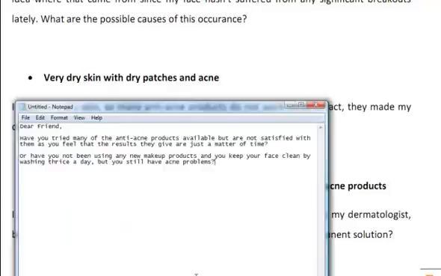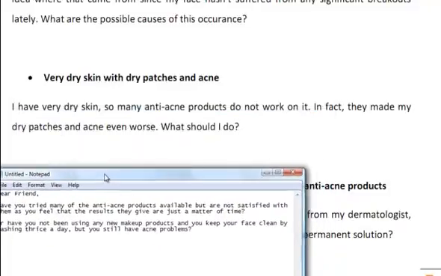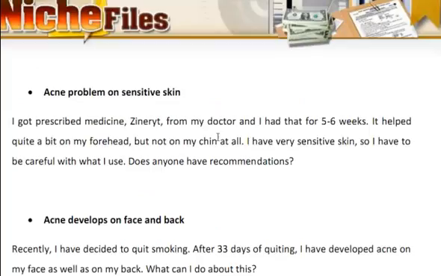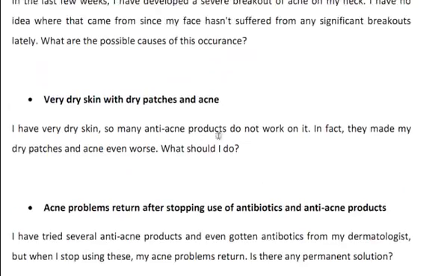So this problem talks about dry skin, so you want to let them know that you understand their problem. So you could say, I know how it feels, especially when you have dry skin. I think I saw another problem about dry skin.